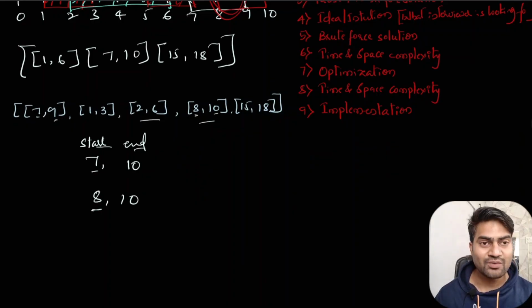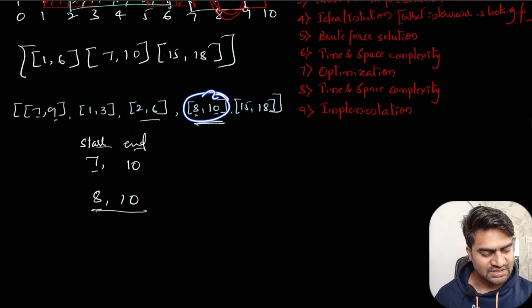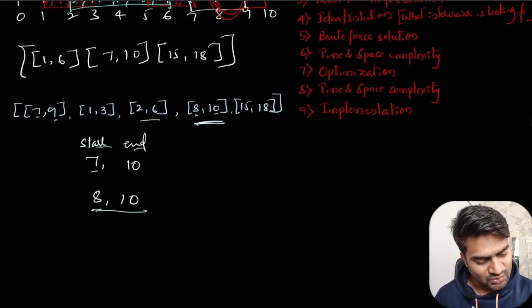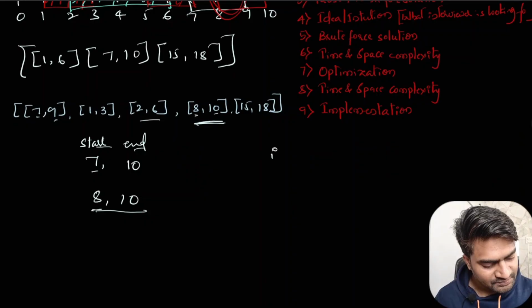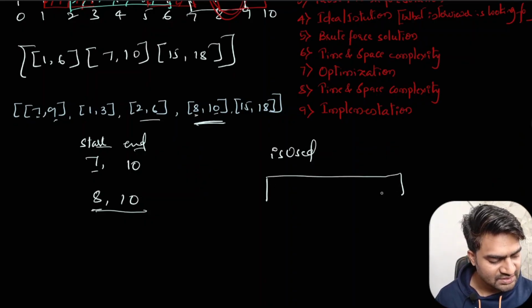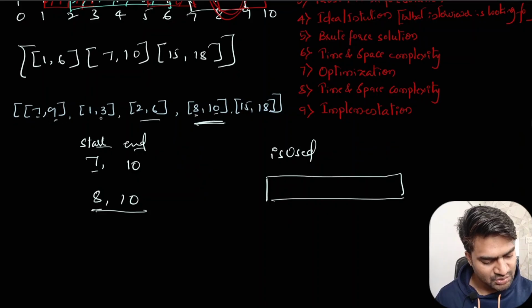Okay, so now we merged 8, 10 into our 7, 9, correct? So it means this particular value is used. For the next merging, we should not really consider this because this is already merged into some interval. So for that, I will take another array called used, of this particular length, basically 1, 2, 3, 4, 5.